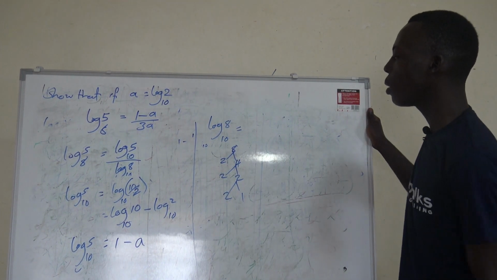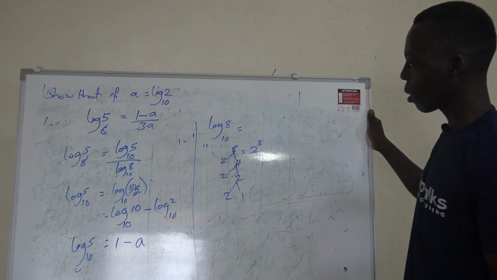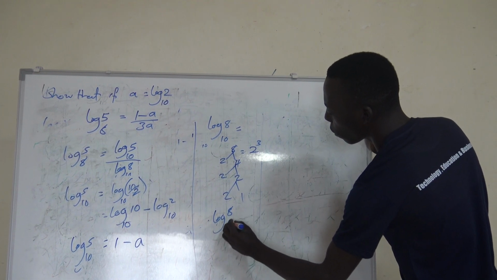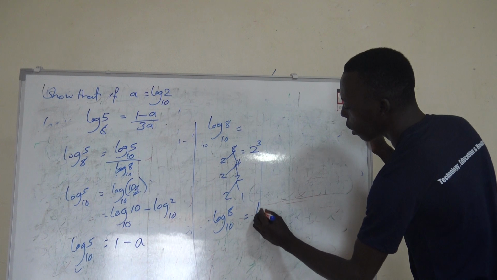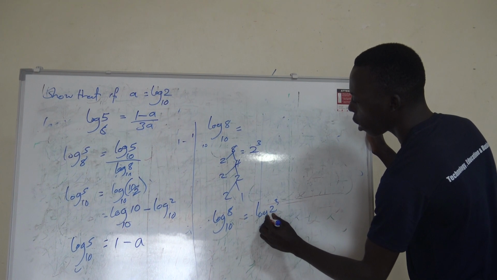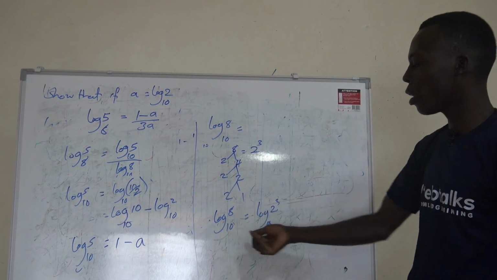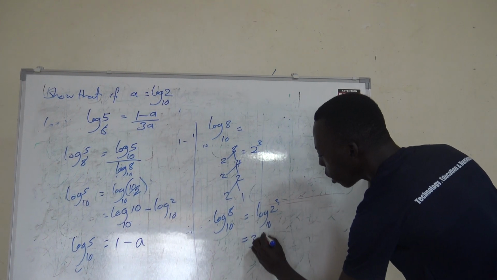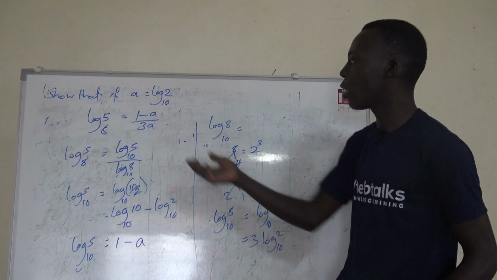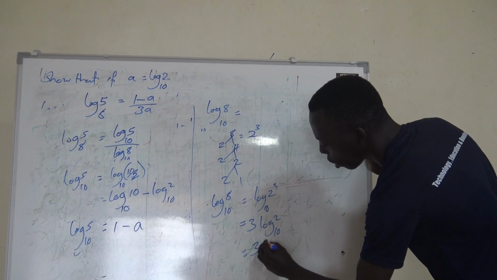So 8 is 2 power 3. So log of 8 base 10 is log of 2 power 3 base 10, which is 3 log of 2 base 10, and the value they gave us is a. So this becomes 3a.